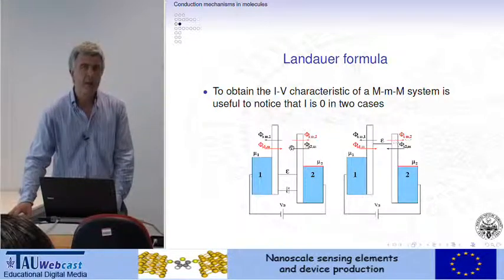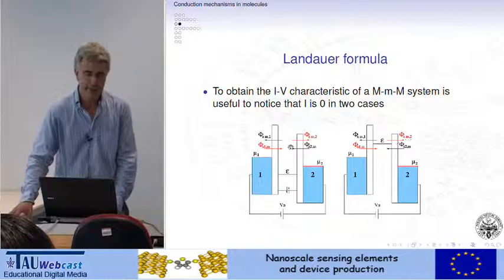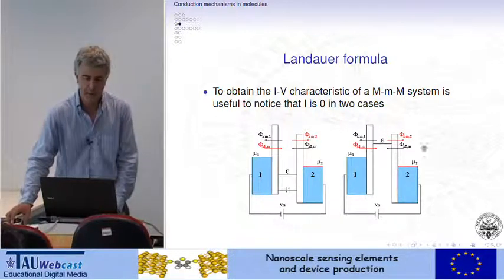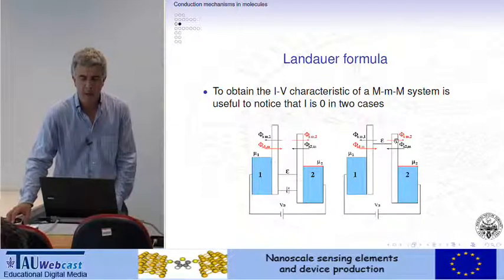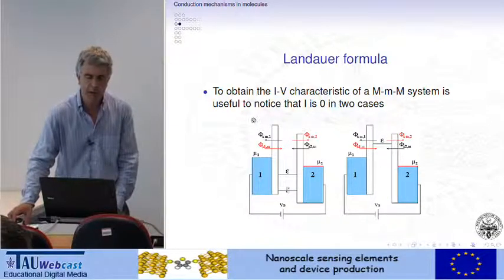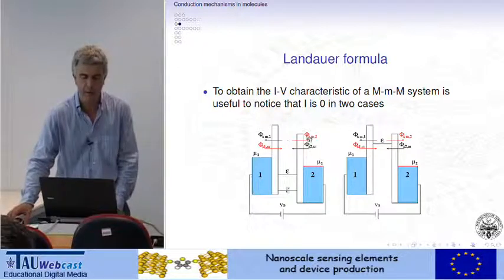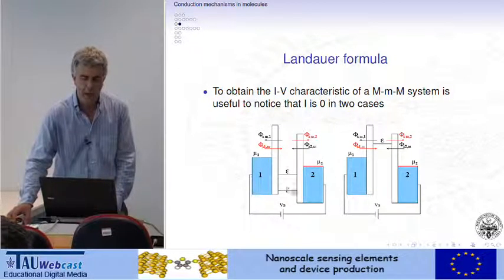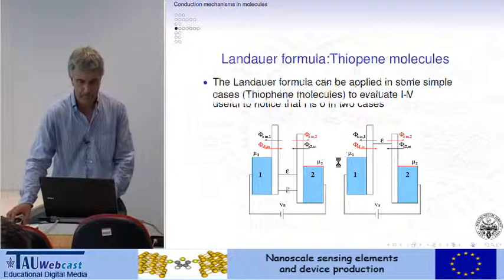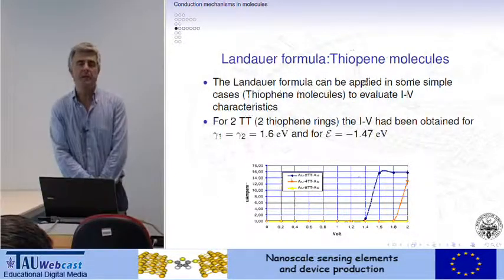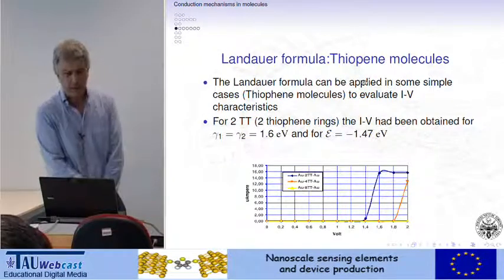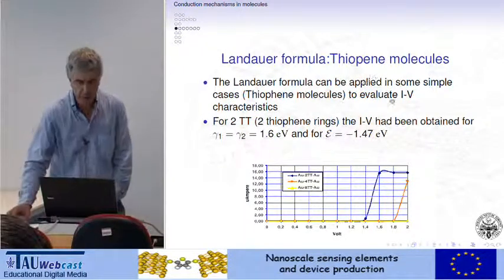So these are two opposite conditions, but probably they are two conditions that we will reach when we try to understand how a molecule will conduct when we apply an increase in voltage on the drain with respect to the source. So this is a simple plot made by using the Landauer formula.